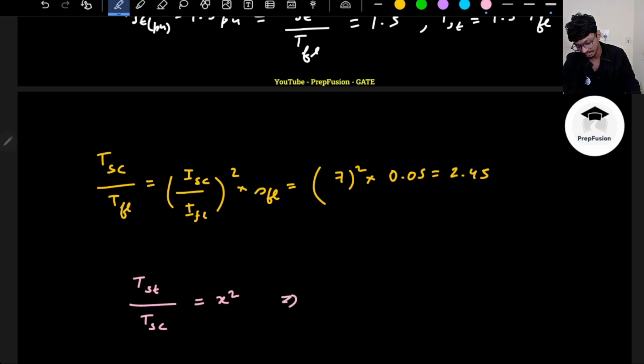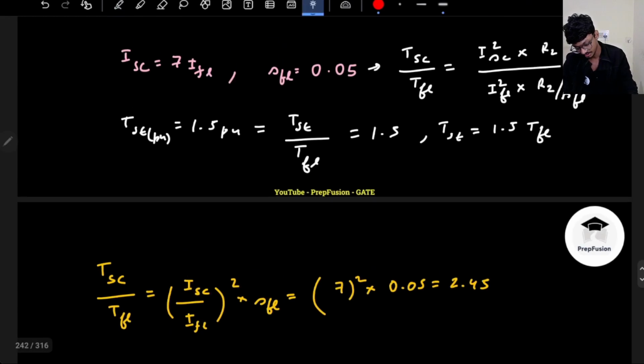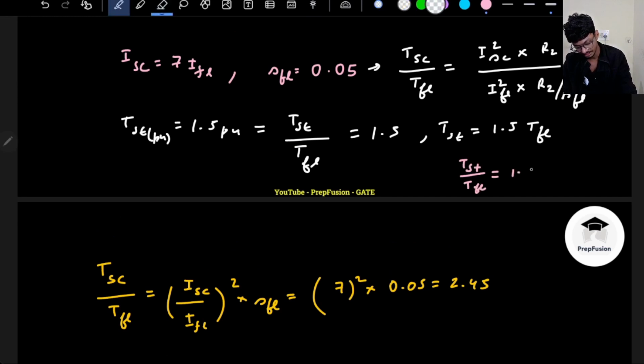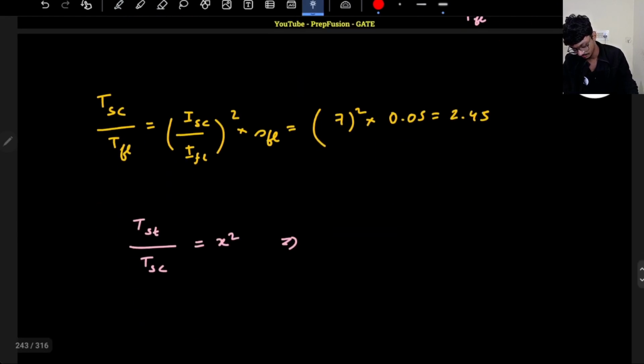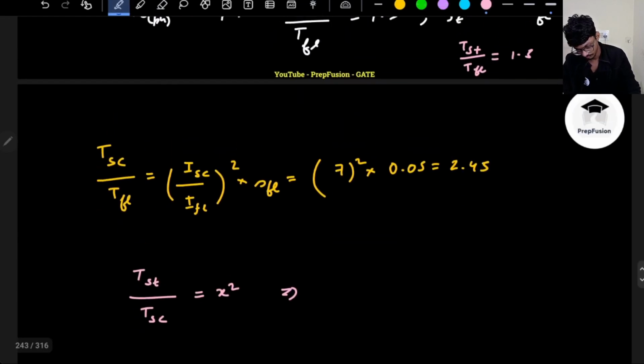So from here I can directly take out the ratio. So if I take from this equation 1, T starting upon T full load, because full load torque will not change, if I take this ratio and this ratio, basically the value will be 1.5 divided by 2.45. This will be basically x square.